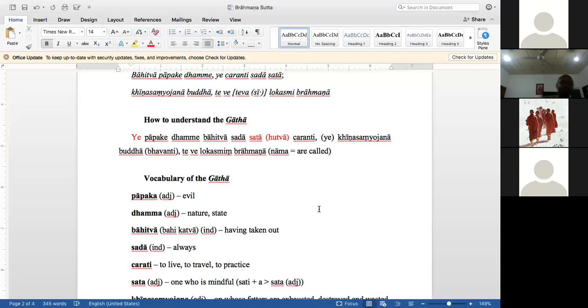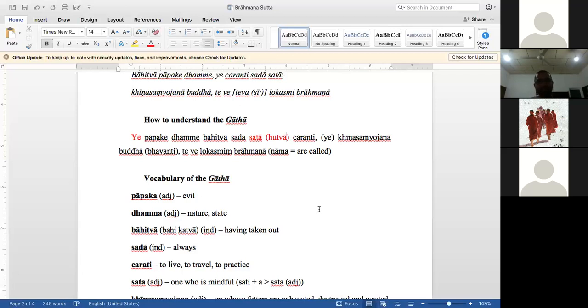I mentioned that with a nominative case word, sometimes it comes in this manner. We also discussed that a nominative case word is followed by the word Samano or Hutva. So here we translate: Ye Papake Dhamme Bahitva Sada Sata Hutva Charanti. Who, having taken out the evil deeds, wander, having become mindful. That is the relative clause.